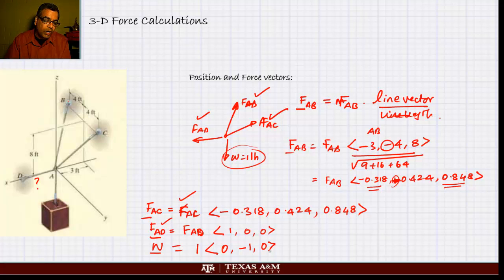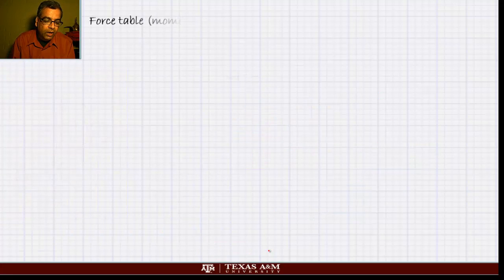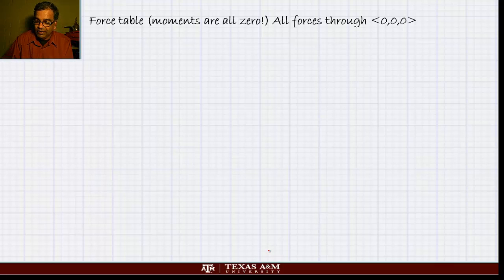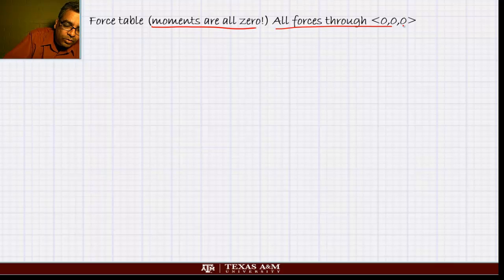So off we go and we are ready to create the force table. In this particular case, our force table is pretty easy because all the moments are 0, because all the forces go through 0, 0, 0. So in fact, that's one of the nice advantages.